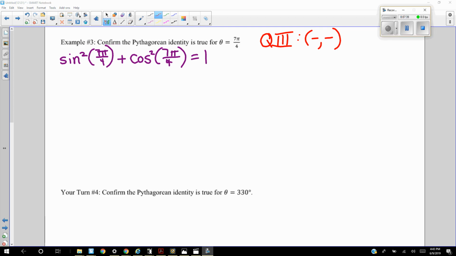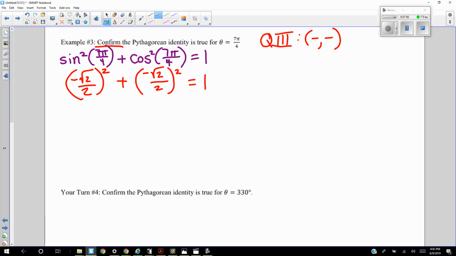And in this case, they're both radical 2 over 2 in magnitude. So the sine of 7 pi over 4 is negative radical 2 over 2, and the cosine is positive radical 2 over 2. You must show your work in this problem because all we're doing is confirming. We're not really solving. When you square a negative, it becomes a positive.